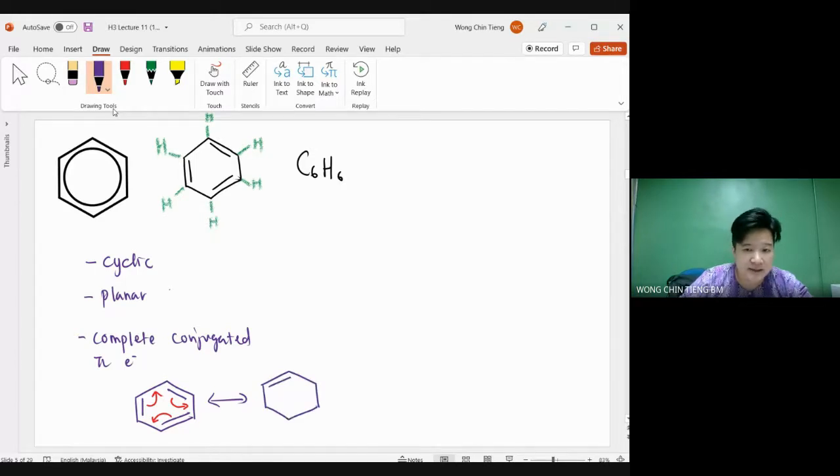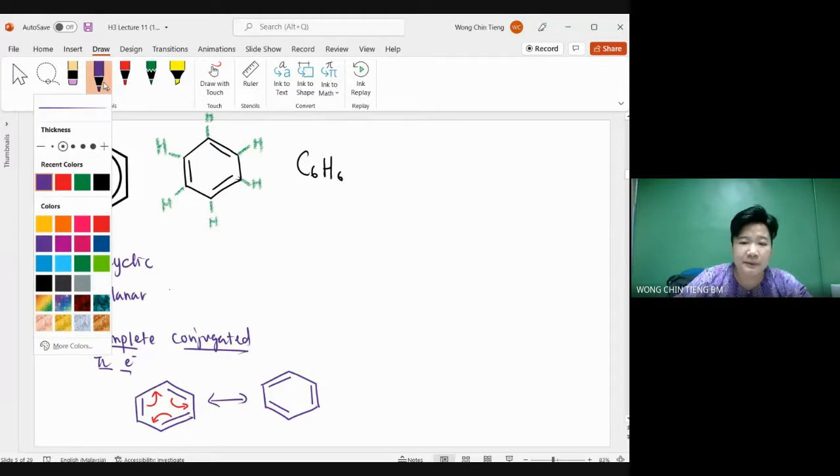Dia takkan kacau orang lain. It's very uninterrupted. It won't disturb others, but it can move along the way. Dia boleh bergerak melangkaui kawan-kawan dia, tapi dia takkan mengubah apa-apa. That is what we mean by completely conjugated pi electron.